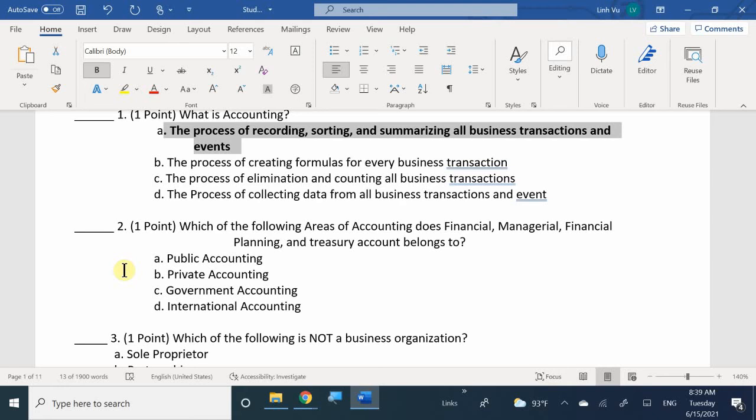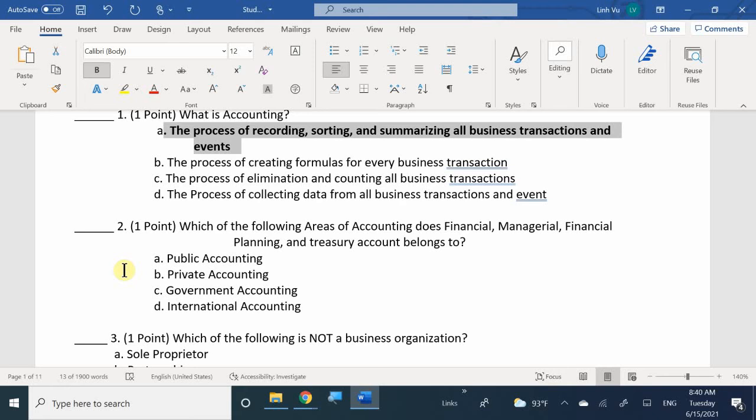Okay, not so much for government. Then it's public accounting. Okay, so it's definitely not public accounting, because most likely for public accounting, you'll see only 3 large areas, right? Auditing, taxation, and forensics.